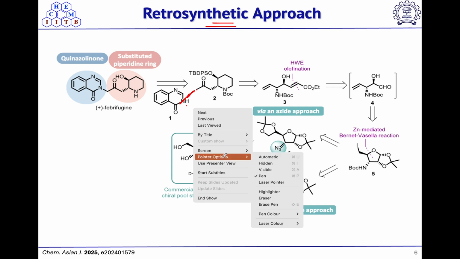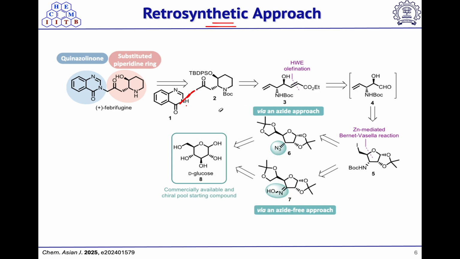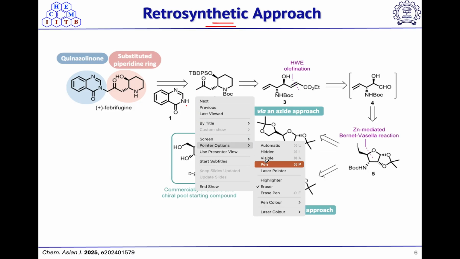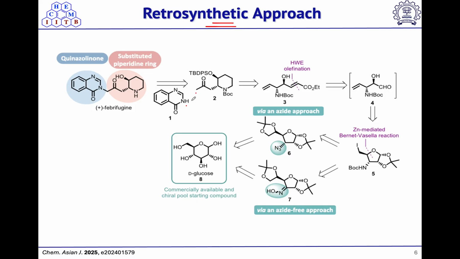In the forward synthesis we'll see how we make this bond. Now this quinazolinone is commercially available. Now this fragment 2, how will we get it?